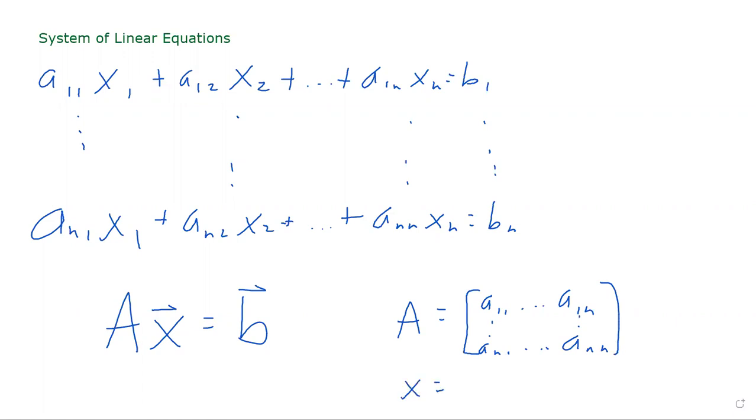X is going to equal x1 down to xn, and B will also be B1 down to Bn.